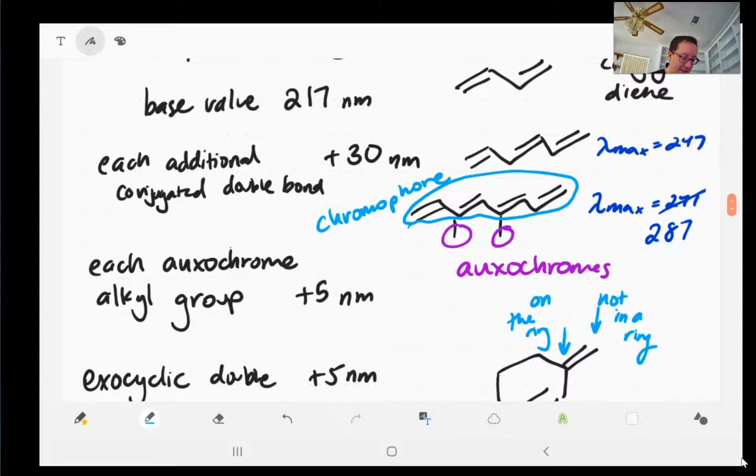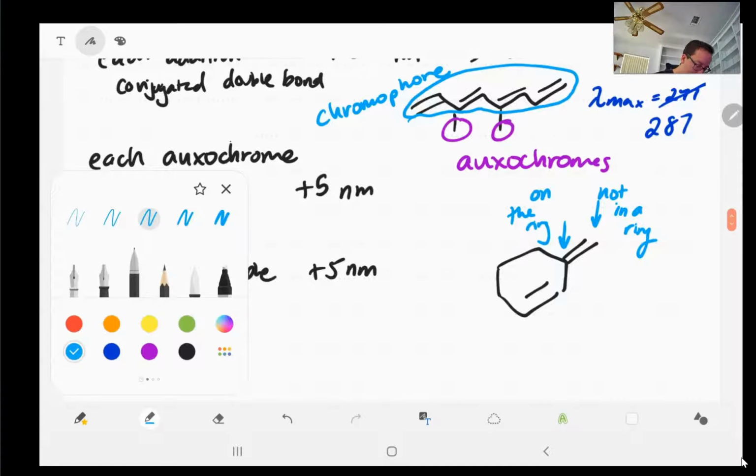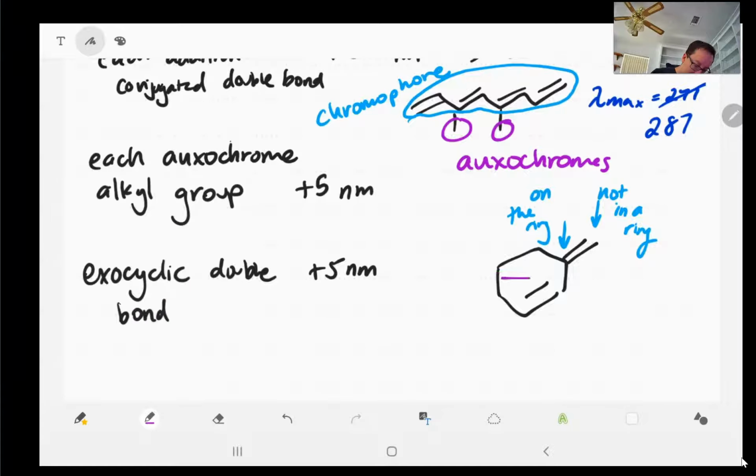So if we were to look at lambda max, well, we have got 217 as our base value. We have one exocyclic double bond. I'll do these in different colors, maybe. Purple, okay. Note, though, we do have 2 alkyl groups coming off of this diene. So don't forget the other ones. These are still going to be oxochromes.